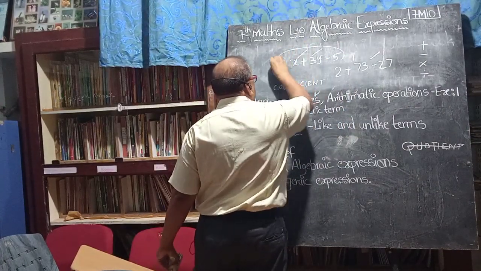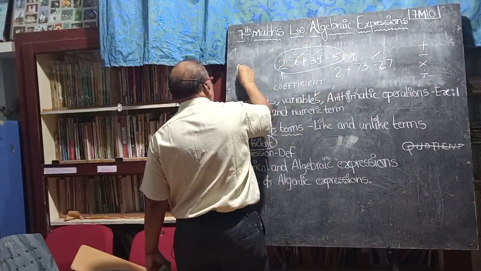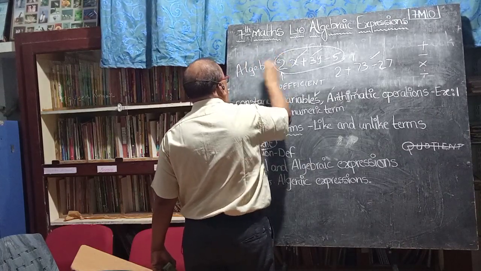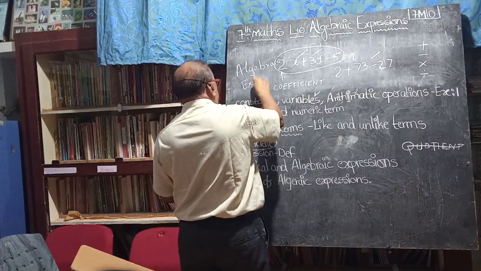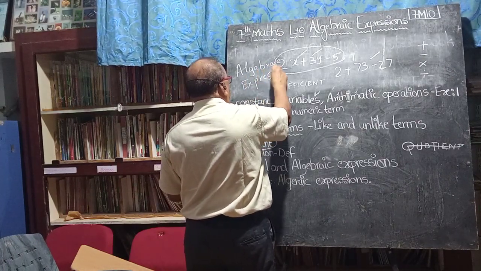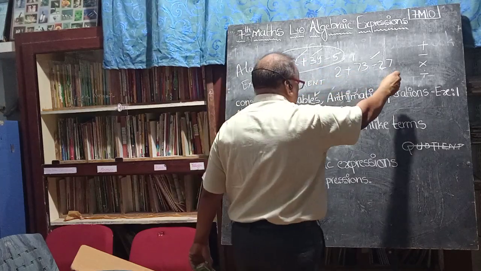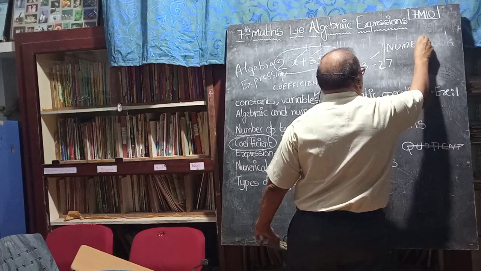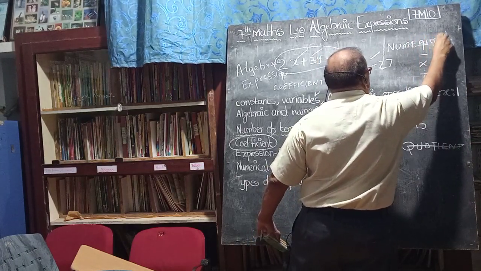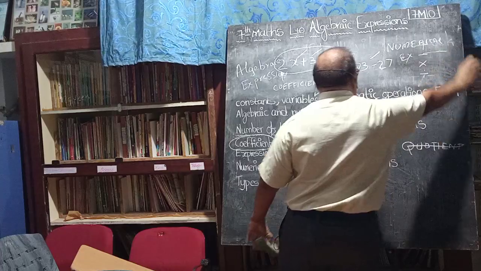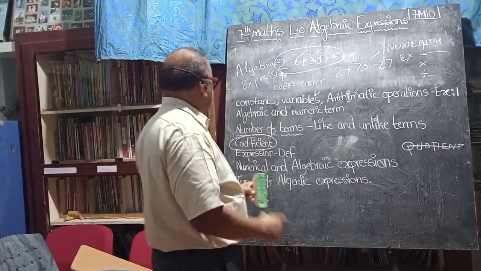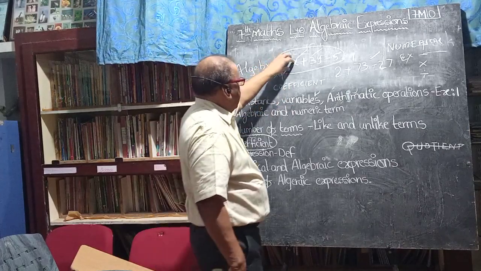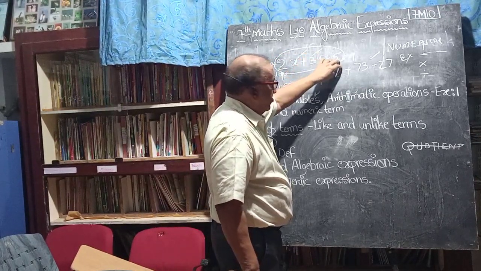This one is an algebraic expression, and this one is a numeric or numerical expression. Understand that? I told you what a numerical term is. This is a term, this is another term, this is another term.